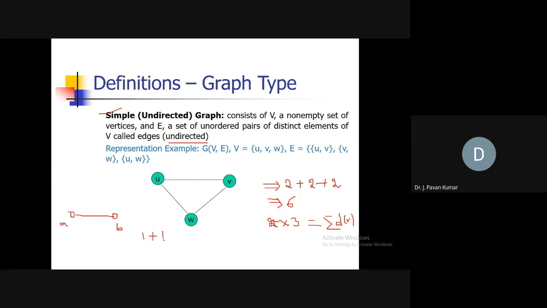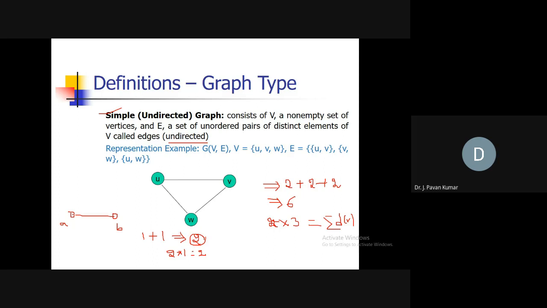Now the summation of degrees of all the vertices is 2. Now let us check 2 times the number of edges. Only one edge, so 2 times 1, which is 2, equivalent to the summation of degrees of all the vertices.